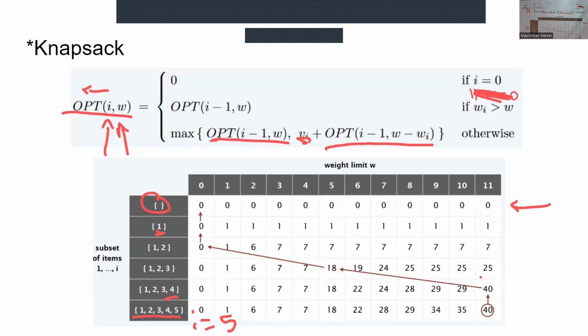Here, we have this value of 40. And we have a weight limit of 11. What we choose to do is to take this item, which gives us a 22 point increase. But since this item weighs 6 pounds, we have to jump over to this value in the table.